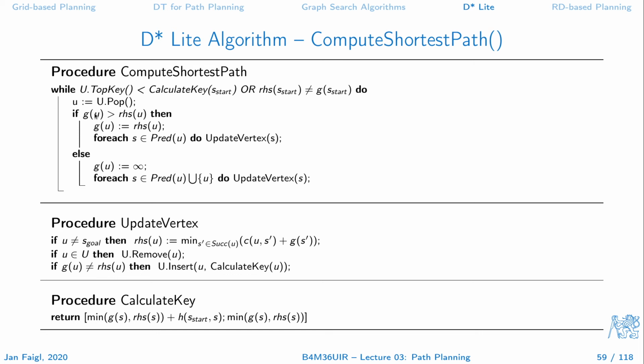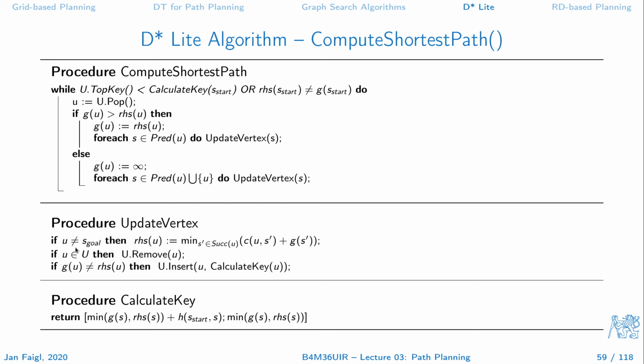And if not, so it means that the G value is lower or equal than the RHS, then we set it to infinity and again update the vertex.